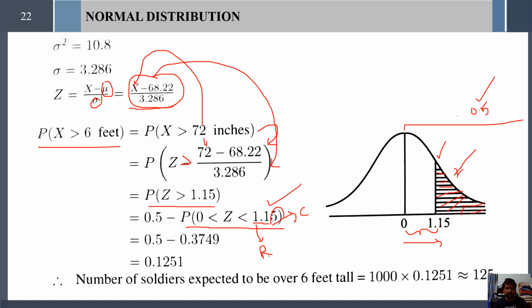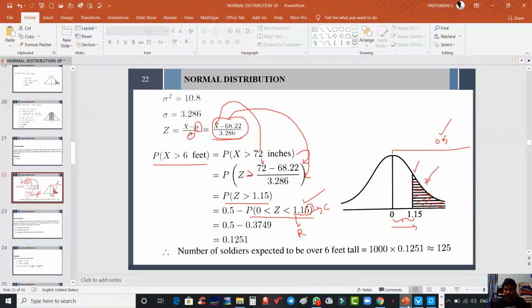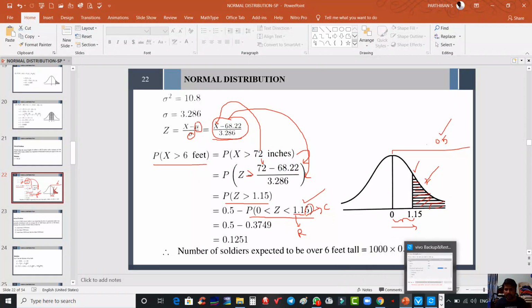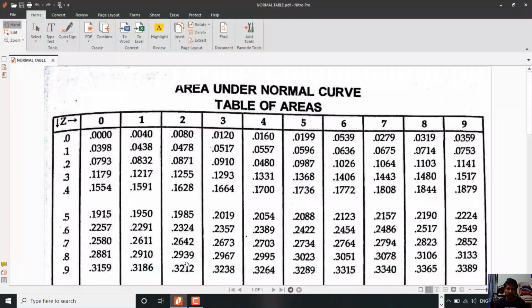So substituting the standard normal variate value, I am going to open the standard normal table.